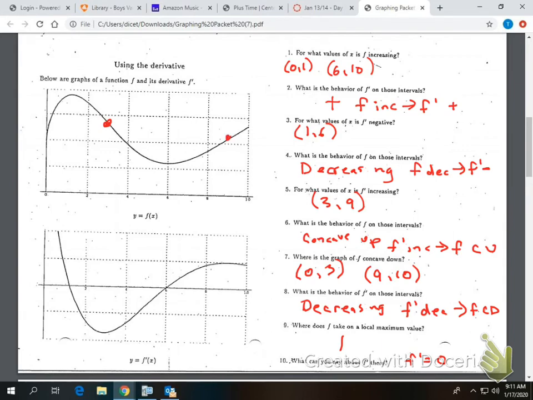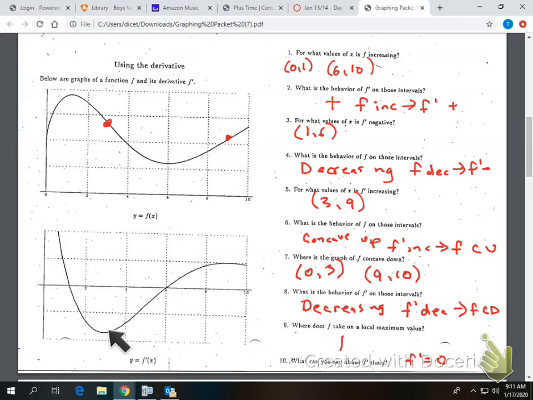Everybody follow me on that? Now, look at F prime. F prime has a horizontal tangent there. That means the second derivative was 0. And it went from decreasing to increasing.